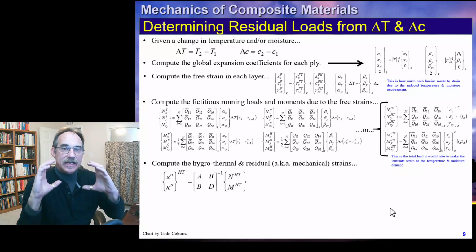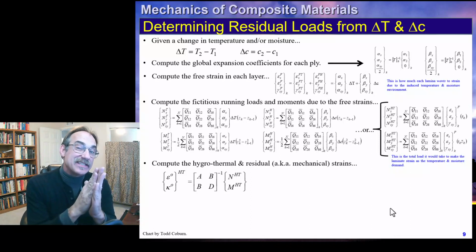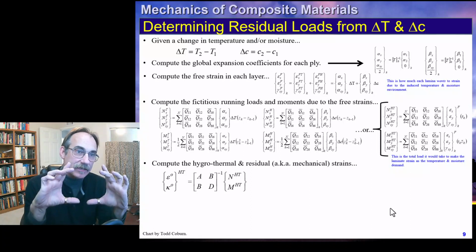So we've got the ABBD matrix. We're taking the inverse of that. We're multiplying by the hydrothermal running loads and moments. That's 6 values, 3 and 3. And that's going to give us 6 values of strain. 3 midplane strains and 3 midplane curvatures at the midplane of the laminate.